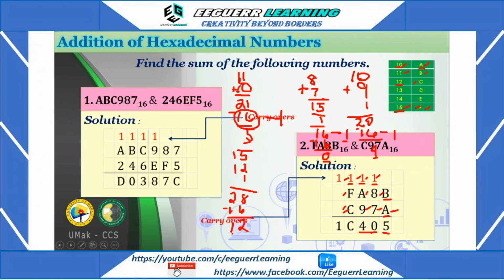So 12 cannot be placed as 12. It should be reflected as a letter. We look for the value of 12 here, and the letter equivalent is C. So we place letter C here for the number 12. Then we have a whole cycle of hexa equivalent to 1.